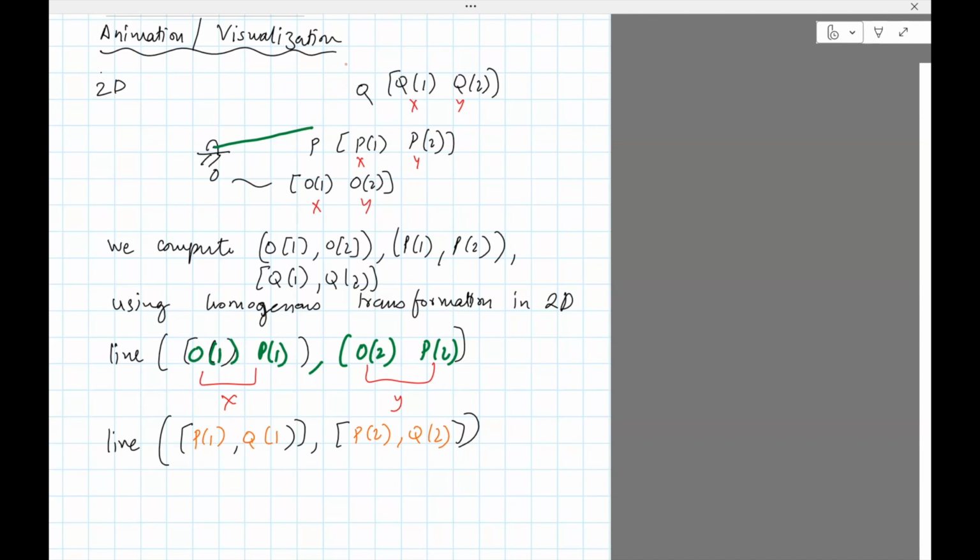Yeah, so that's not new. So this part is something we've done before. It's just a matter of figuring out the endpoints.